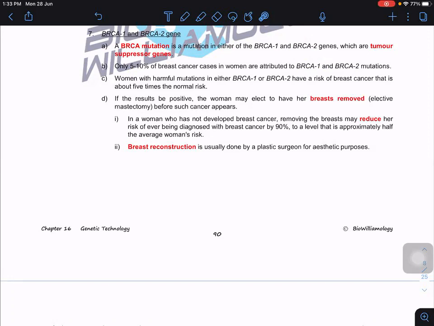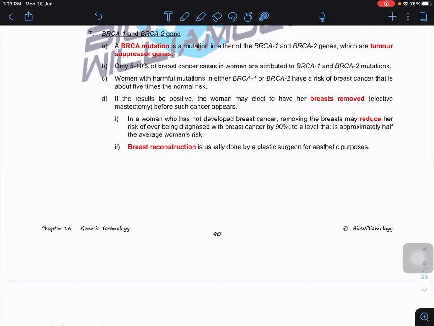Women with a harmful mutation, either BRCA1 or BRCA2, have a risk of breast cancer about 5 times compared to the normal risk. So if the result is positive, a woman may elect to have the breast removed before the cancer appears. In a woman who has not developed breast cancer, removing the breast may reduce her risk of ever being diagnosed with breast cancer by 90%.